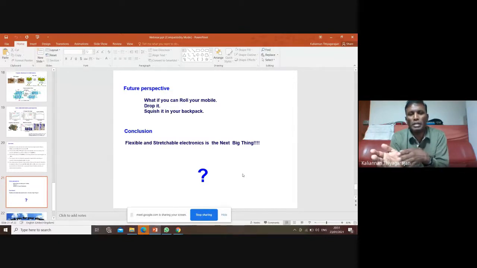It will be useful as a power source for small scale devices. But if you want to use it as a mobile phone, it is a similar charging phenomenon, but the batteries and supercapacitors will be stretchable.